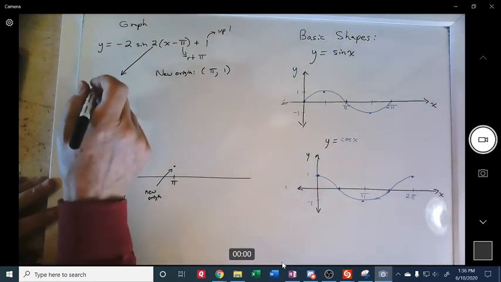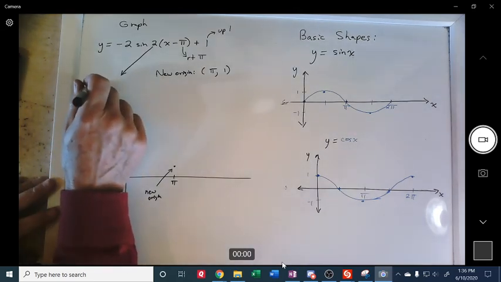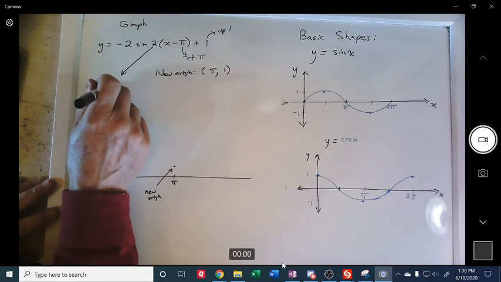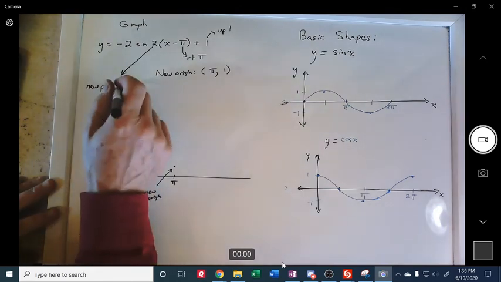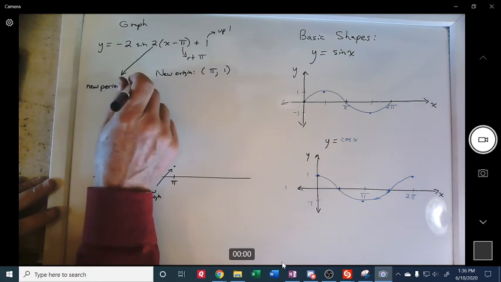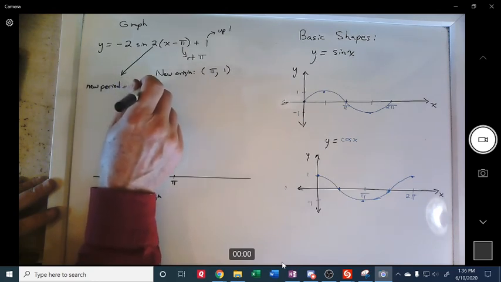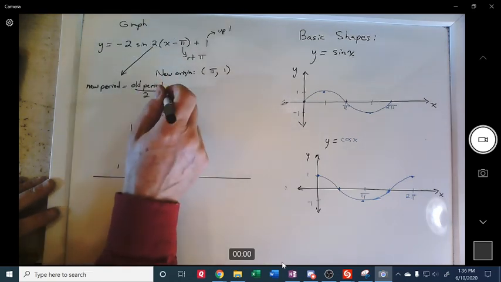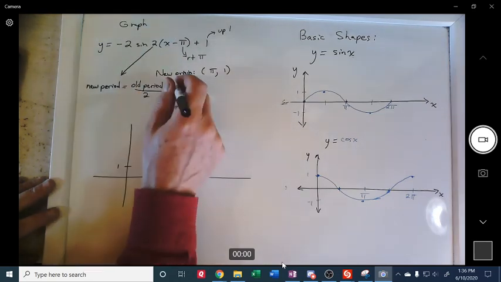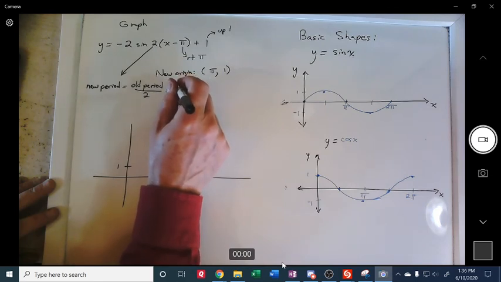But we learned in Trig this thing called how it affects the period. New period is the old period divided by that number. Now the old period, the normal period of sine is 2 pi.